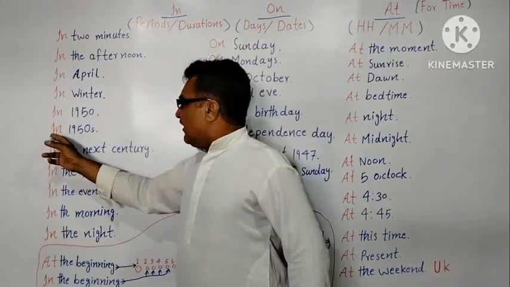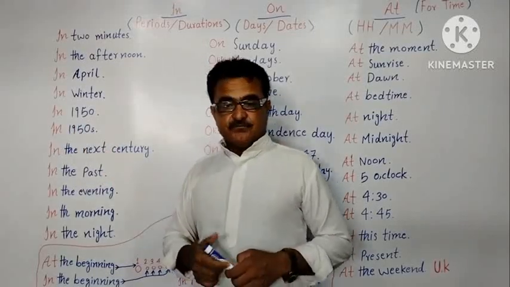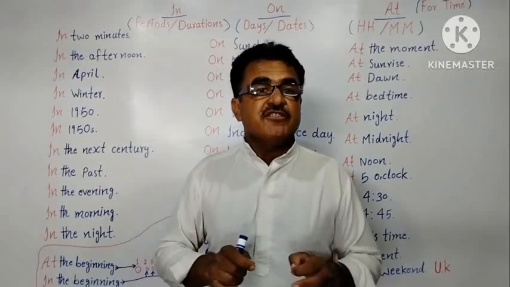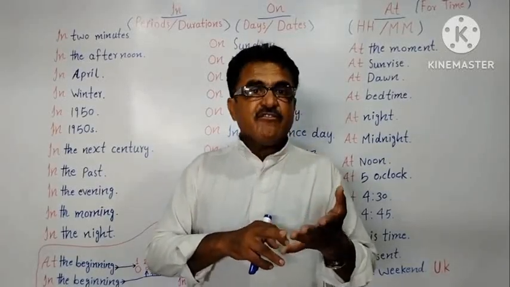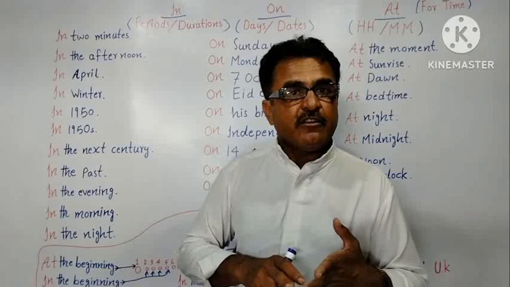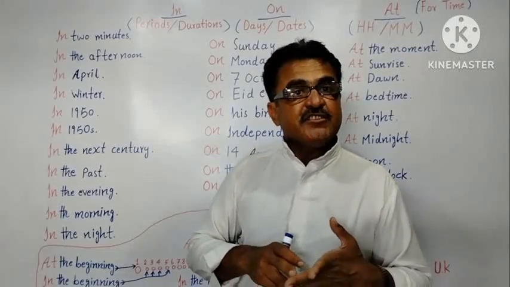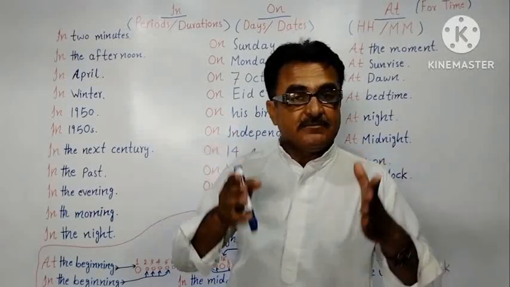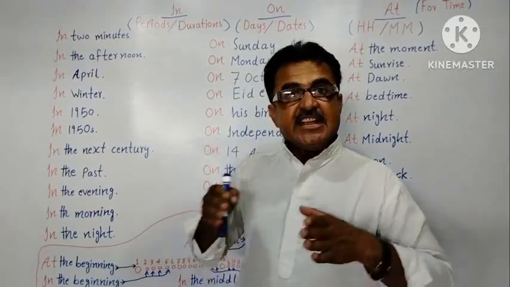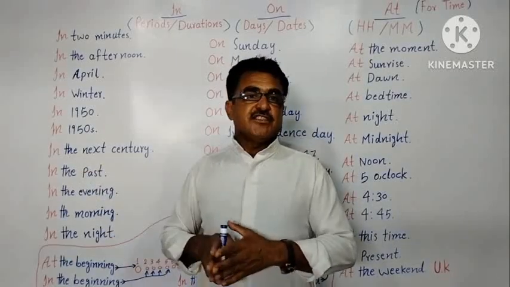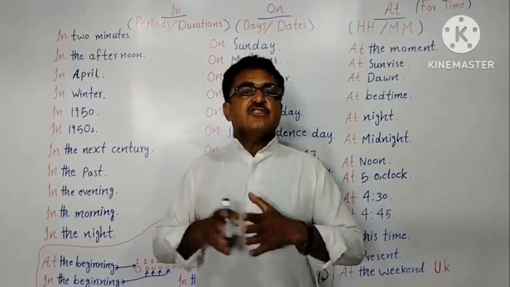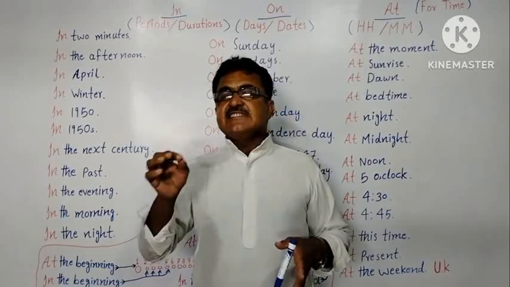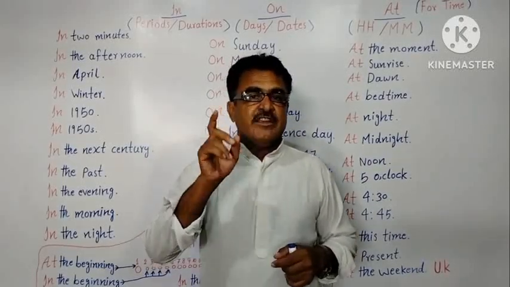So in 1950s, it does not mean only 50. It can be 51, 52, 53, 54, 55, 56, 57, 58, 59 until 60. For example, Elvis Presley sang songs in the 1950s. So it does not mean that he sang songs for just 1 year.